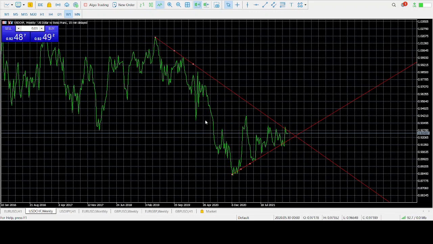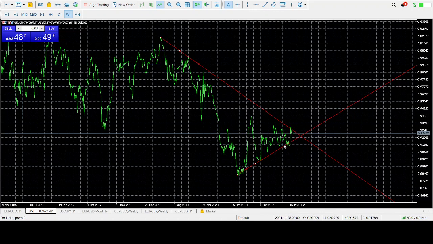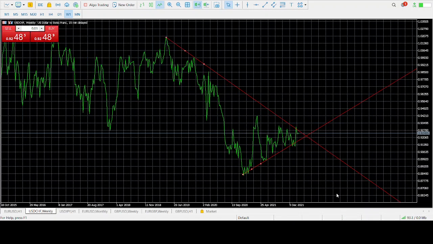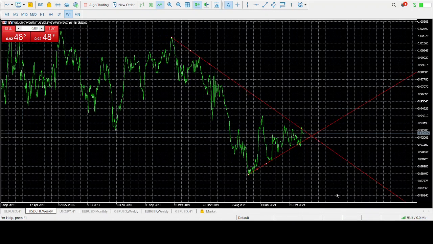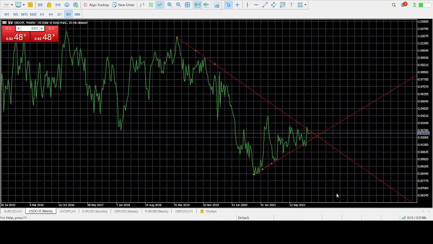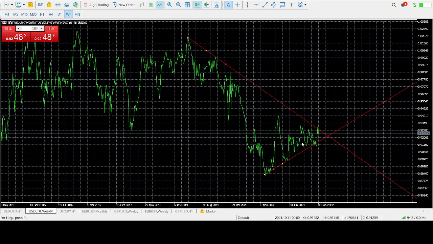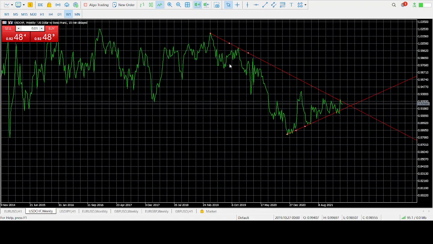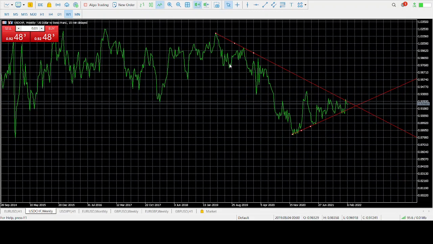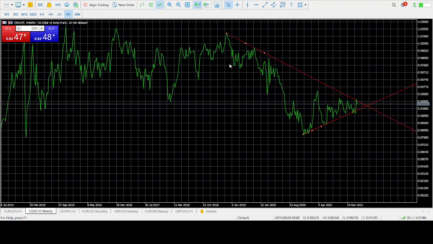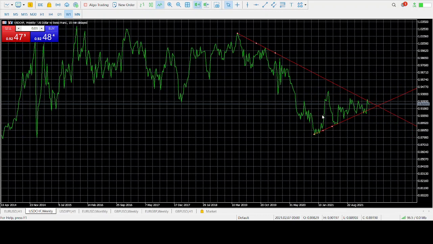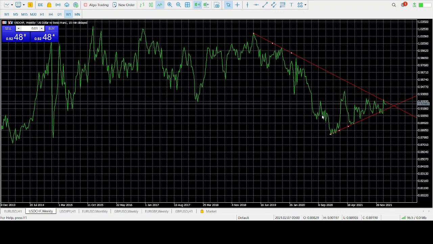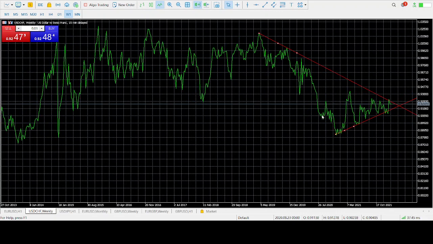So usually this will happen and the price will break out to the downside. But it's like 75% chance. It's not 100% because we can't really be sure because we aren't using everything that we can use. But okay, it's good to know that patterns exist and we will talk more about patterns in the next lessons.